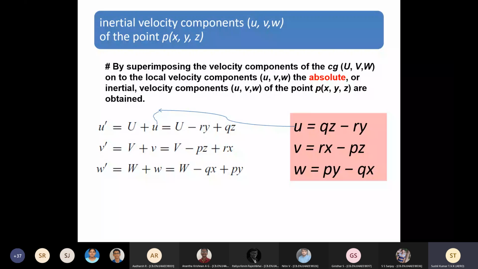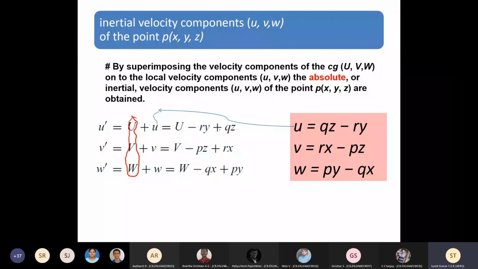Okay. Now, we already got these velocity components. The aircraft is not just standing in still air. It is also moving with some velocities, capital U, V, W. So if you want to know the net velocities, just add these components U, V, W to the components we have already derived.